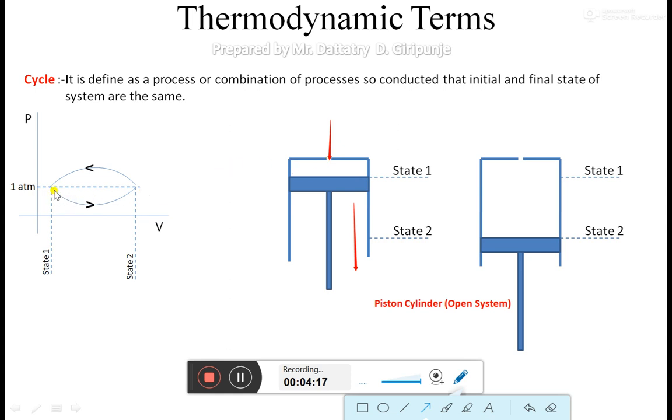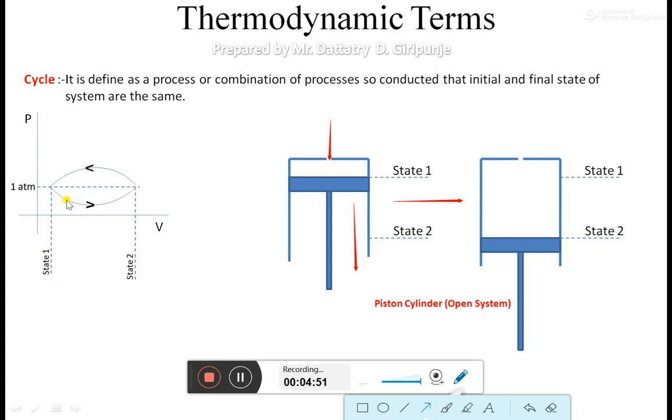So the system generates a negative pressure inside the boundary, and it travels from state 1 to state 2. This transformation, state 1 to state 2, is called the suction process.